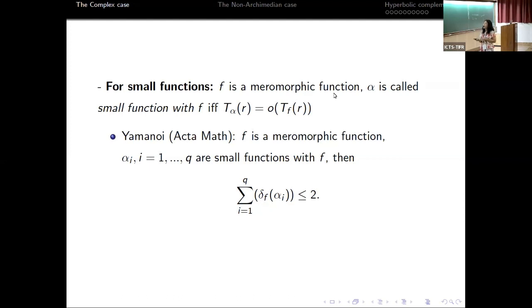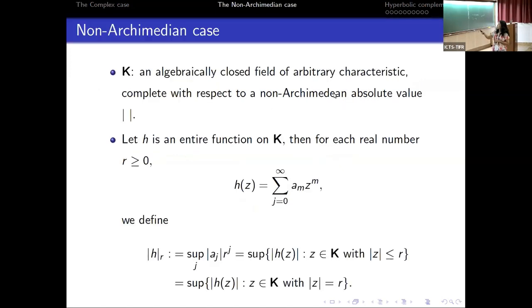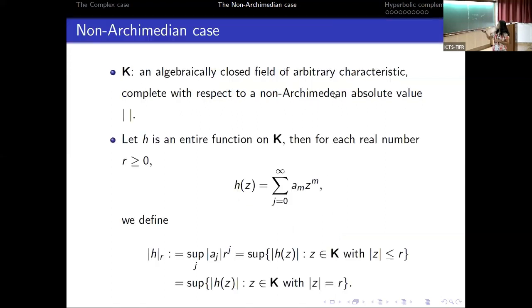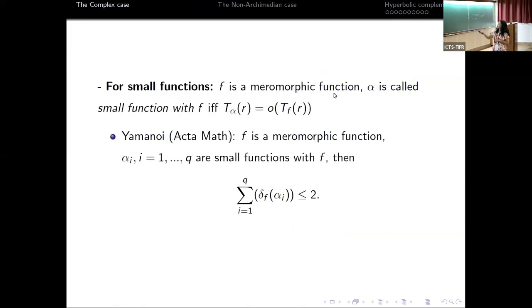We even opened a seminar to read his publication, and it was actually very difficult to understand step by step. Anyways, it's a very nice result, and he gave the bound. If we consider small functions here, the bound is also 2.